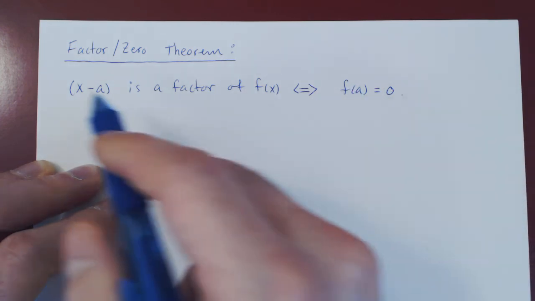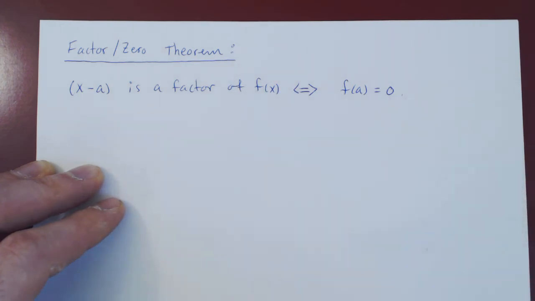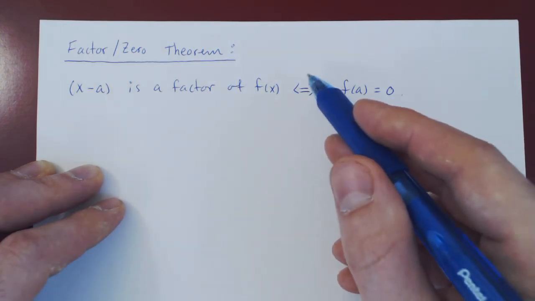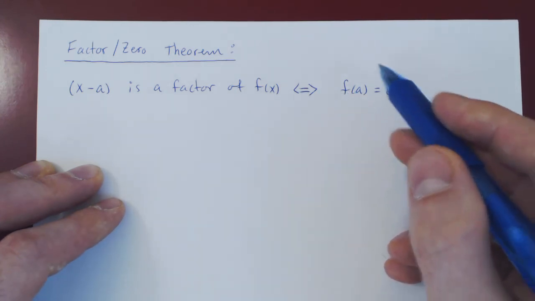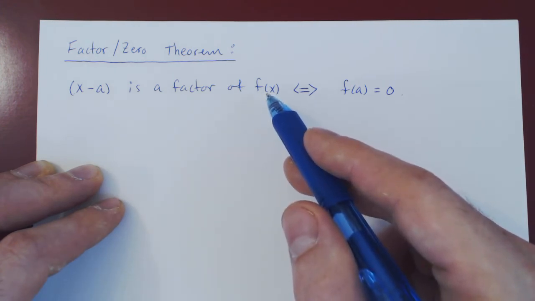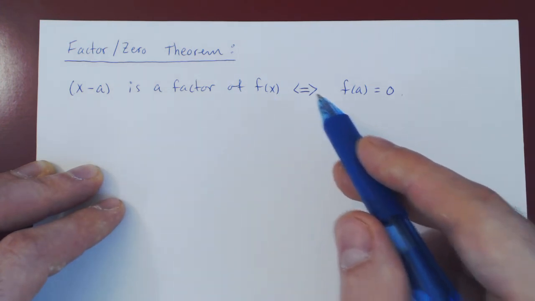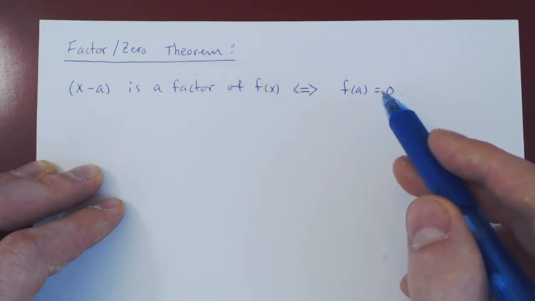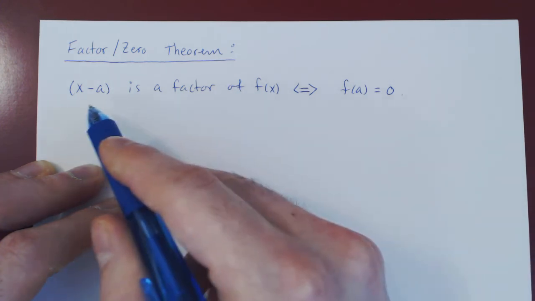On the surface, it looks like both statements are saying something different. What we're going to show, this is what this means, is they are logically equivalent. So if you have one, you have the other. So if this statement is true, automatically this one must be true as well, and vice versa. Hence the double-headed arrow. If this statement is true, then automatically this statement is true as well.